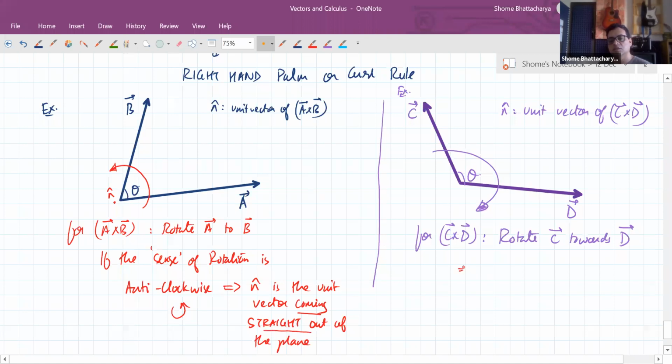Whereas if the sense of rotation is clockwise, like in the above example for C cross D, okay, then n cap is going straight into the plane.